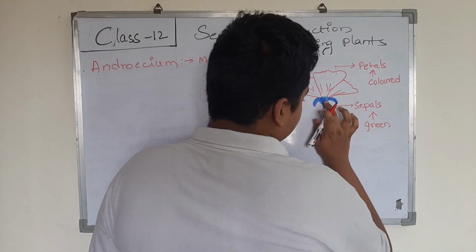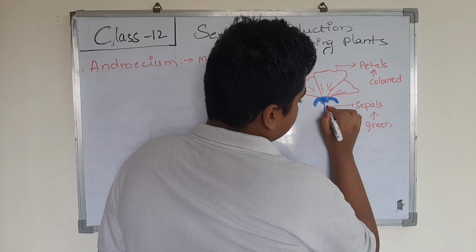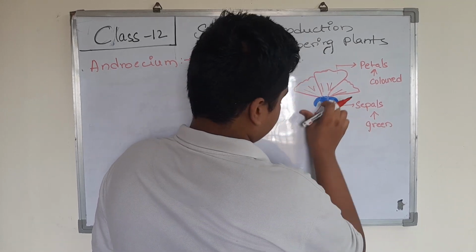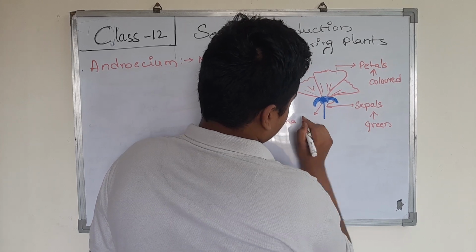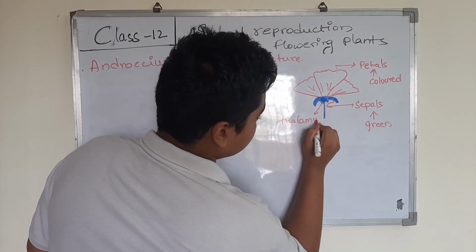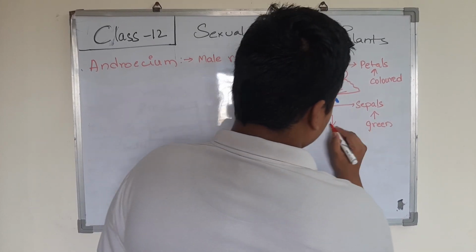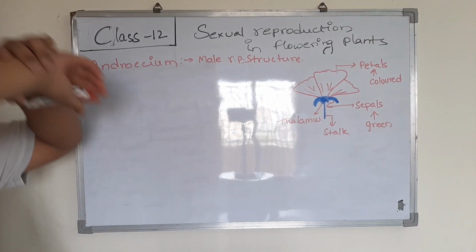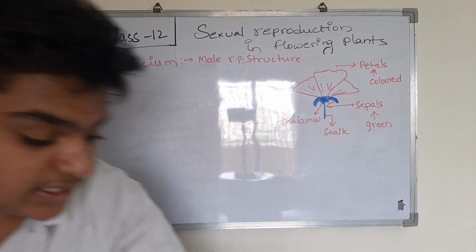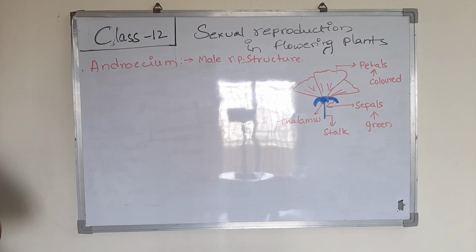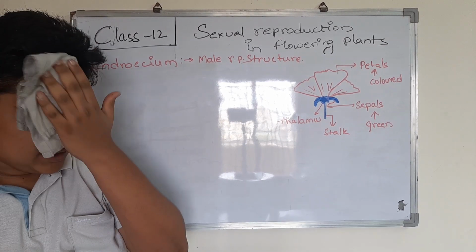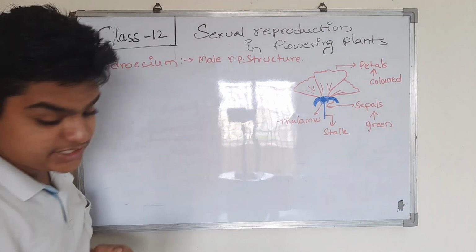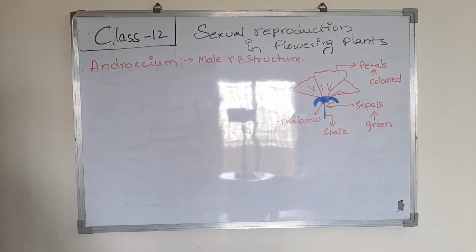Okay, these are not sepals, very sorry. This is your sepal, and this is your thalamus. This is your stalk. This is the general view when you see the flower like this. But when you cut it, you'll find two extra whorls which are very necessary.